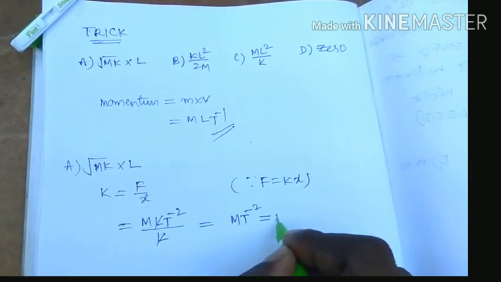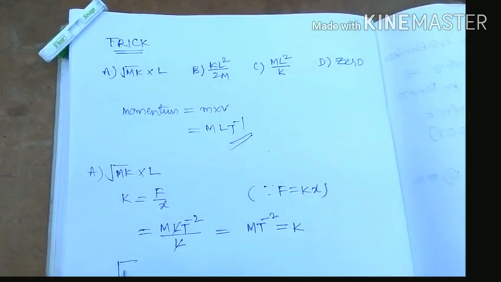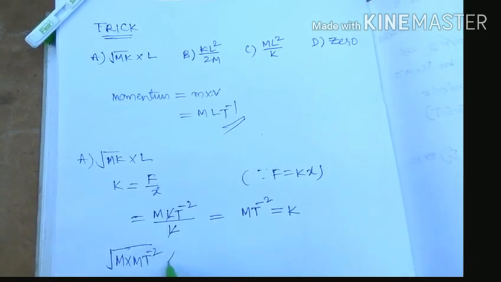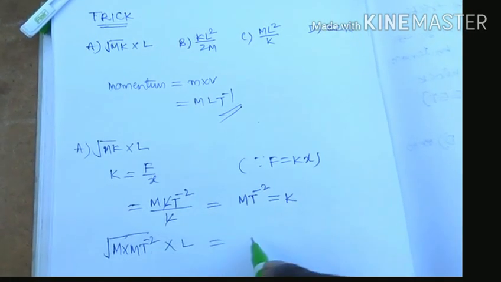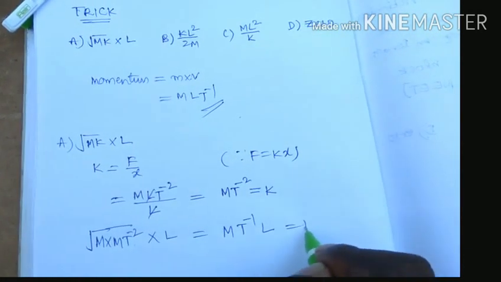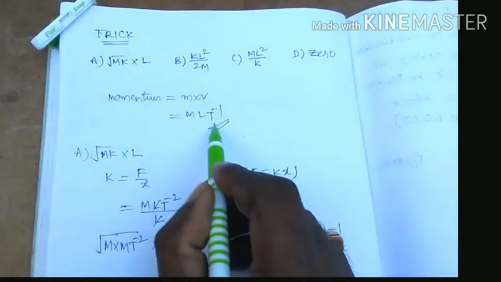This is the dimensional formula for k. Therefore we can substitute m into MT minus 2 into L. It is equal to under root of M square T minus 2, which is equal to MT minus 1 L, nothing but MLT minus 1. It is equal to the MLT minus 1.